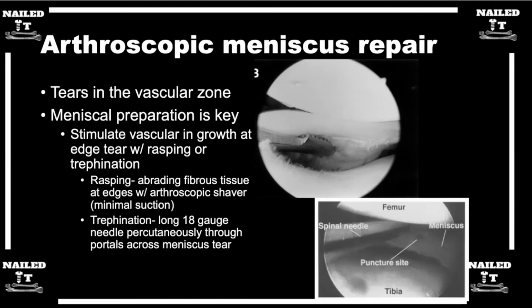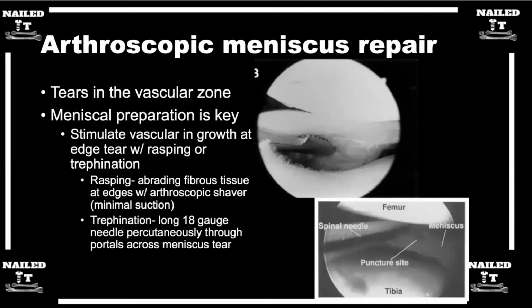But seeing where that tear is, the tear pattern, and receptivity to repair is obviously important. Making sure it's in a vascularized portion of the periphery of the meniscus, as opposed to trying to stitch back together a white or a white-red radial tear, which isn't going to work. But again, good vascular tissue in the periphery, a young physiologic patient with good cartilage, I'm going to try to repair that.